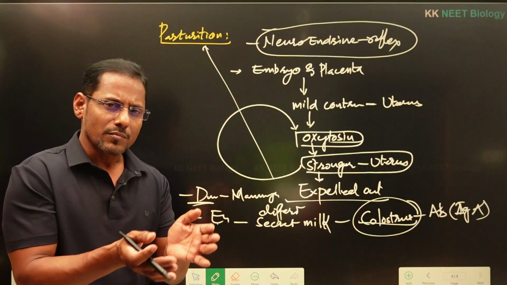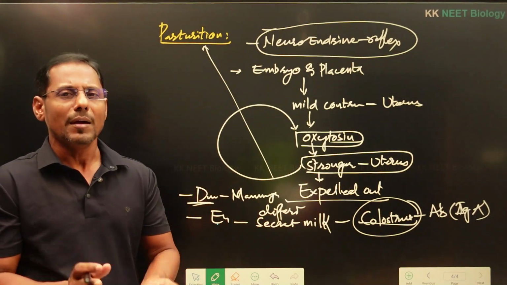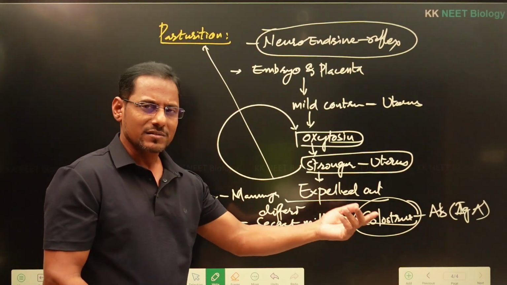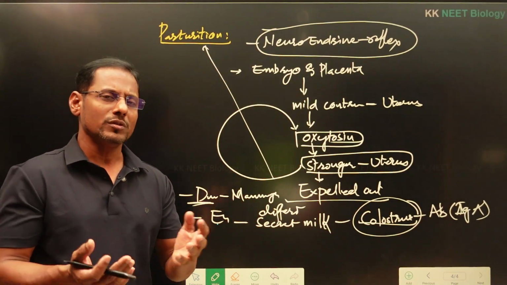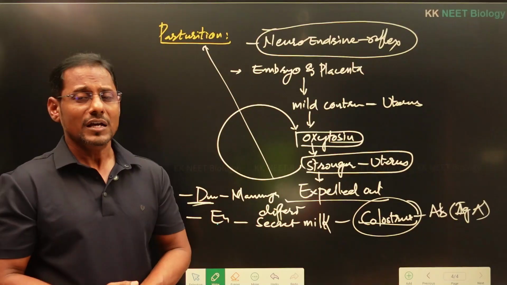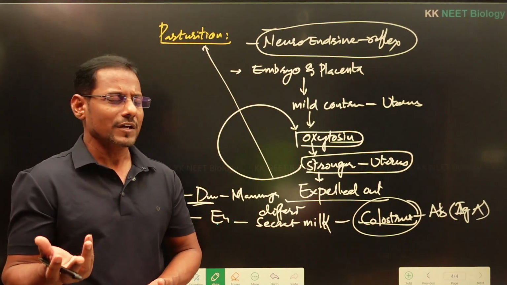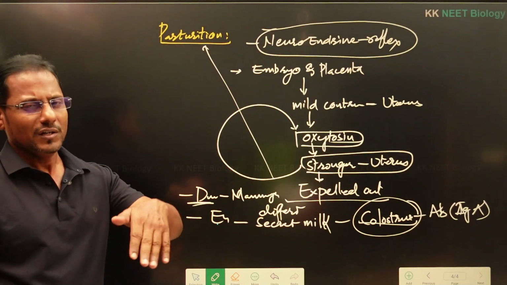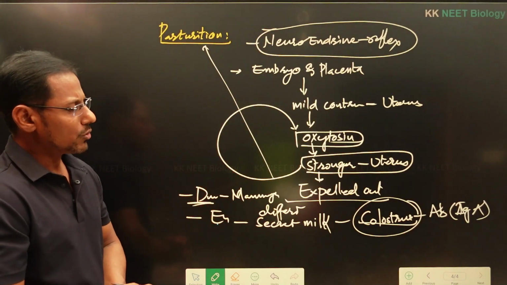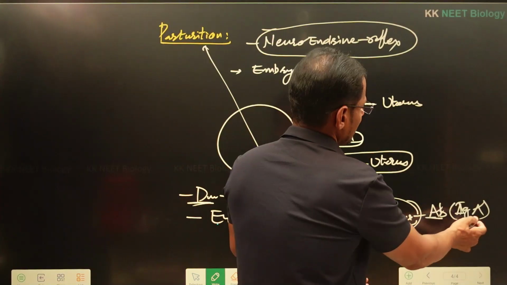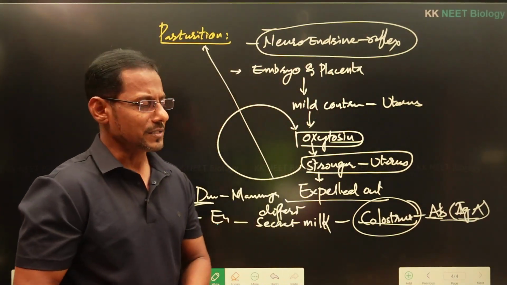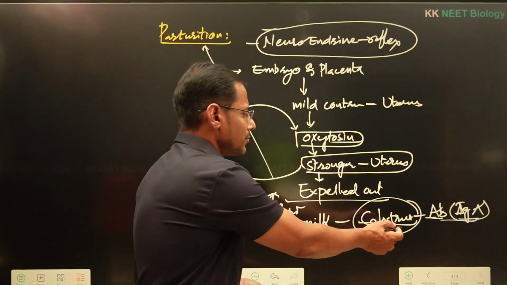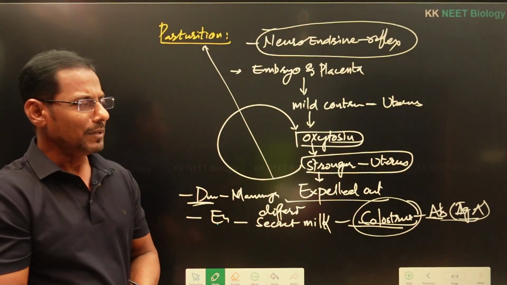It must be sucked by the baby. If the baby sucks the colostrum from the mother, the baby will have a much stronger immune system and the ability to face many kinds of diseases, right? So colostrum is rich in antibodies, especially immunoglobulin A. Colostrum is known as the first or primary milk.